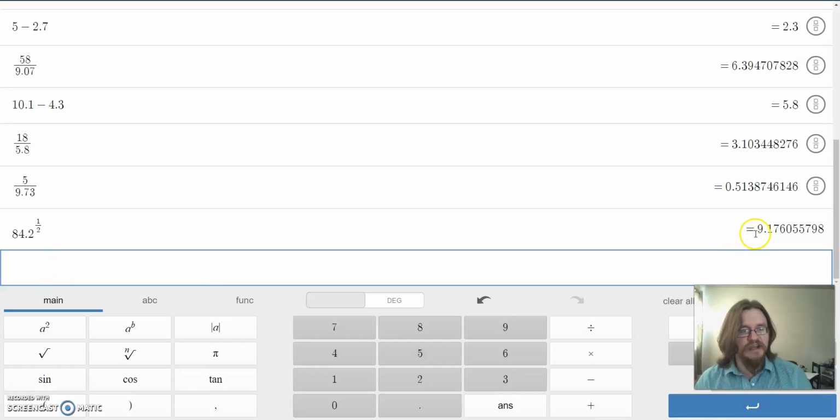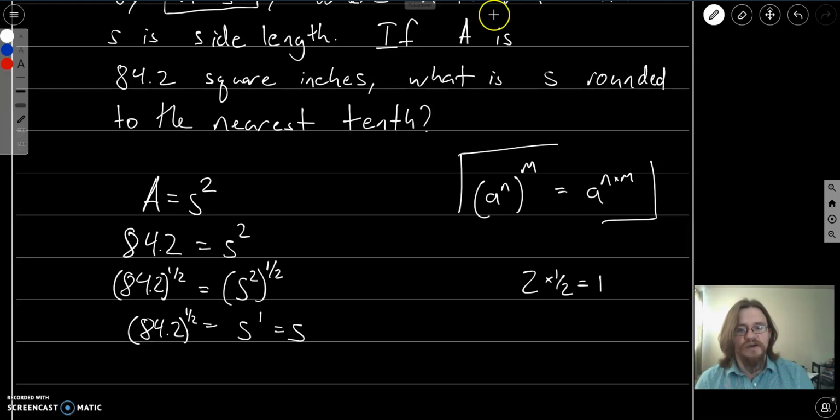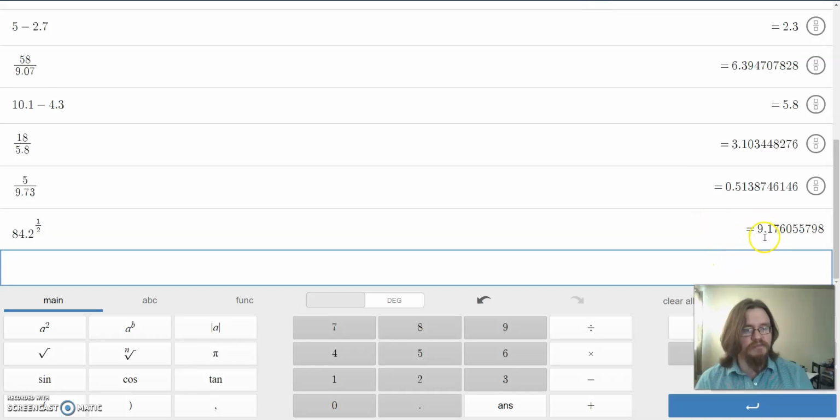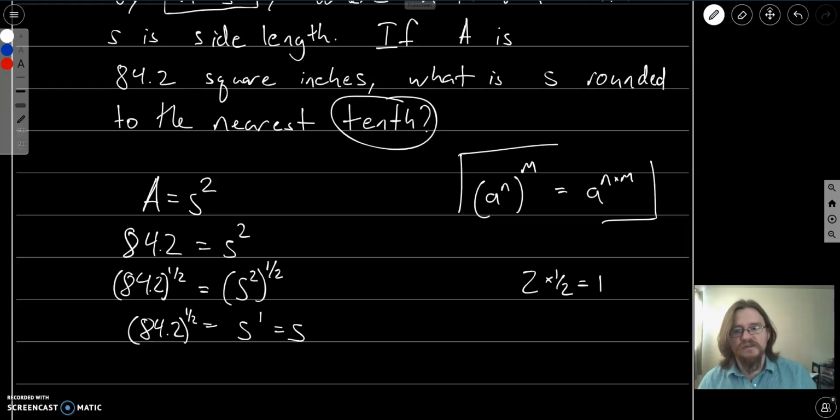I hit equals, and what I see is 9.176 and a bunch of other numbers. But I want to round this to the nearest tenth. So this is going to be 9 and this will be 2, because I'll look at the 7 and see that this is bigger than or equal to 5. So if I come back to here, we see that s is equal to 9.2.